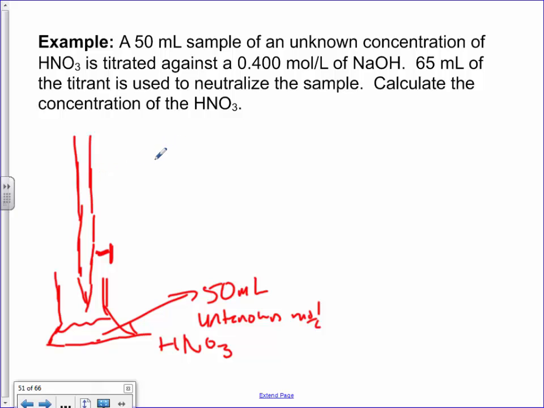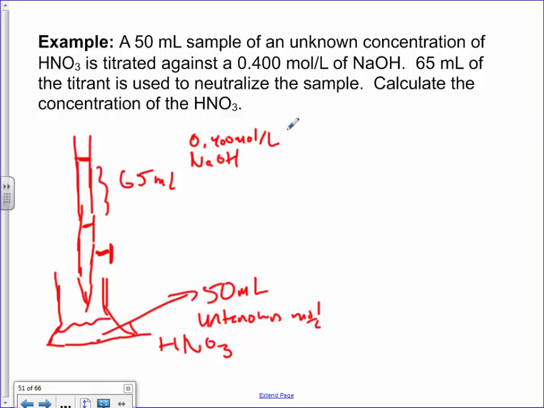In the burette, we're going to use 65 mL of titrant. So that would be like from here to here when it eventually drops. That's 65 milliliters, and that is of sodium hydroxide. I have to cheat a little bit on this one. There's a concentration there of 0.400 moles per liter.